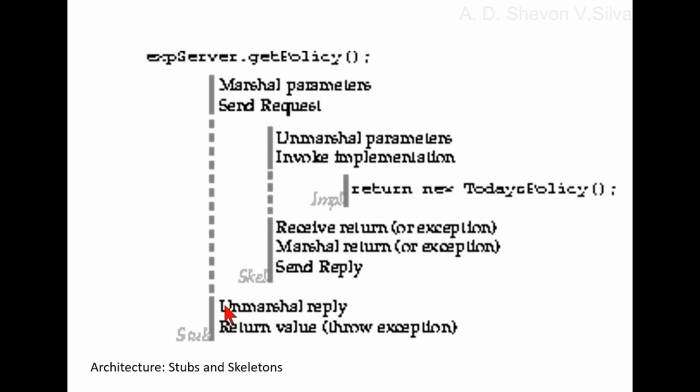The stub unmarshals the reply and either returns the value or throws an exception as appropriate.